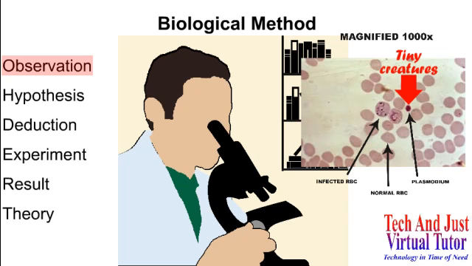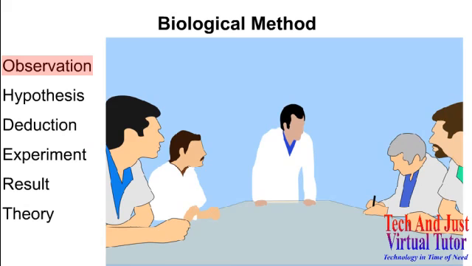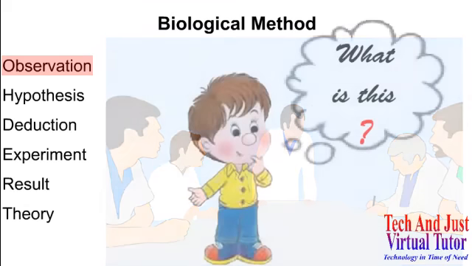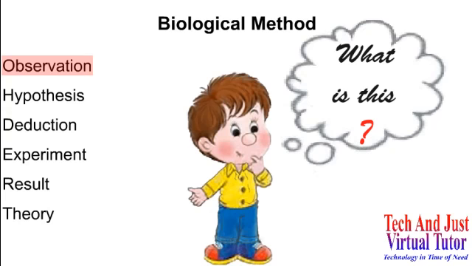Alright? Okay, now after observing these tiny creatures, the doctor made a note of his findings and set up meetings with other doctors to discuss the issue. What do you think these meetings will contain?